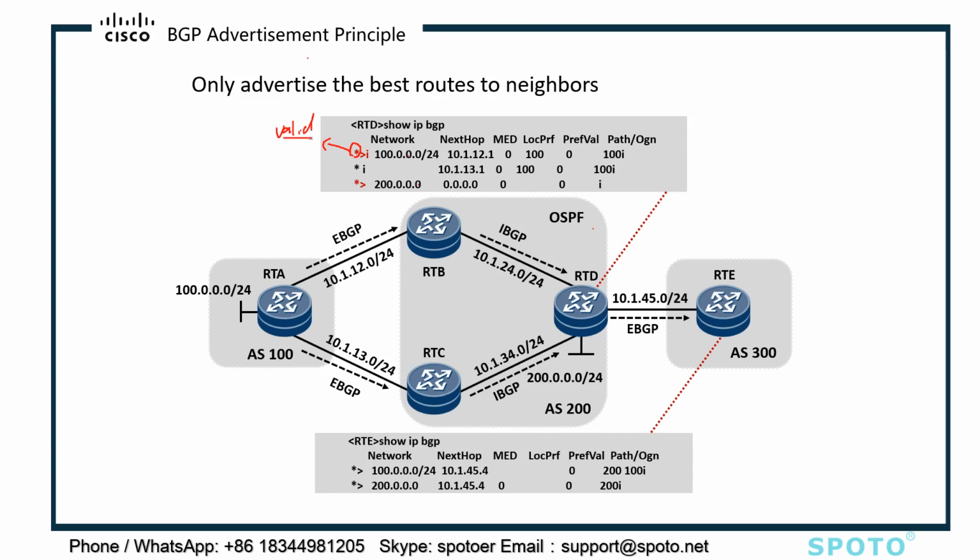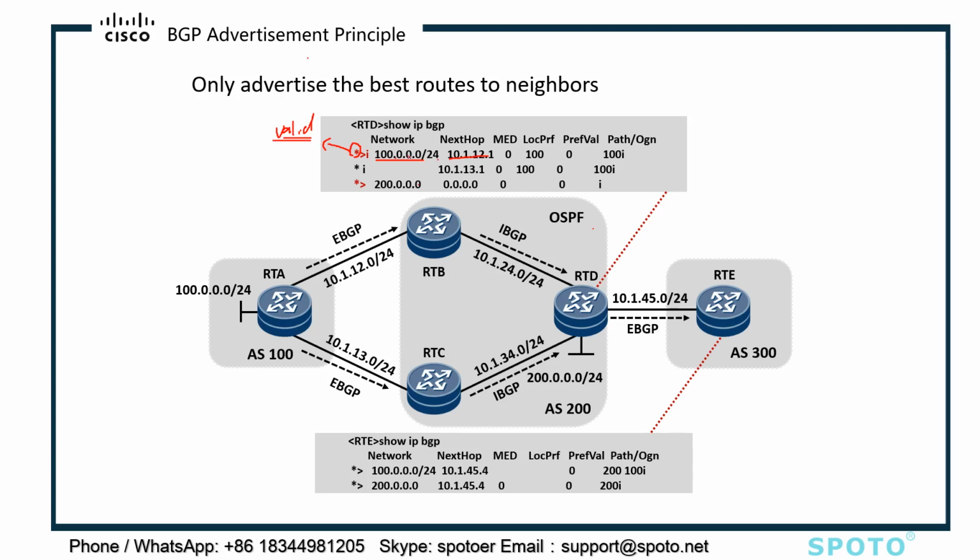If the next hop is unreachable, this route will not be valid. If the route is normal, the route will be valid. Then we can see this route with the destination 100.0.0.0, and we have 2 next hops, so we need to select one best path from this route.